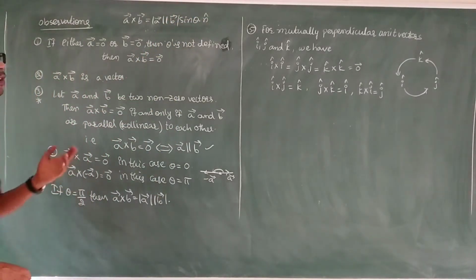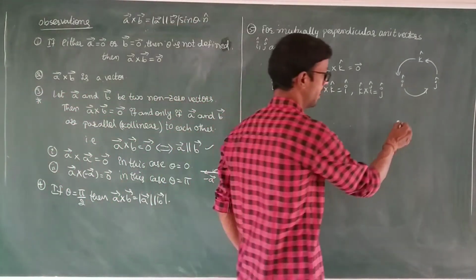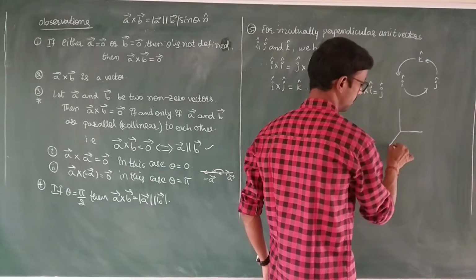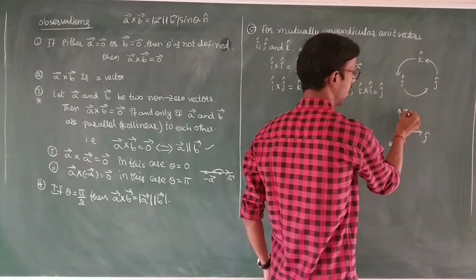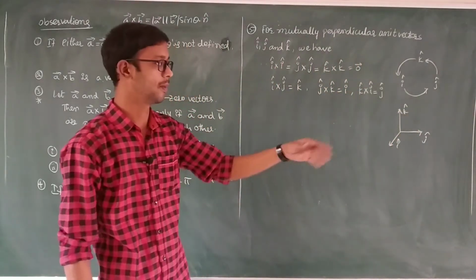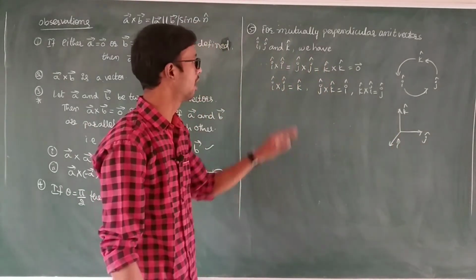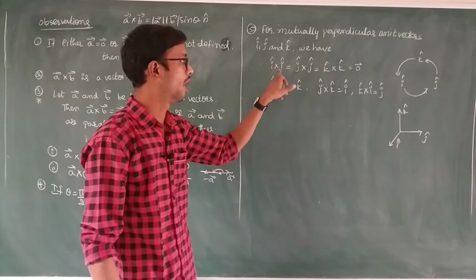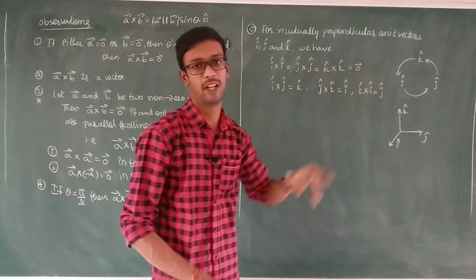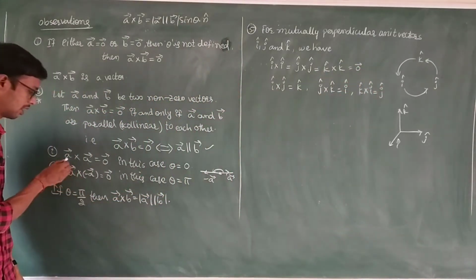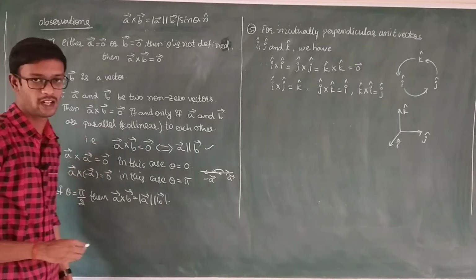Next, fifth point. Mutually perpendicular unit vectors means I cap, J cap and K cap. Their magnitude should be 1 here. We have I cross I. If you make I cross I, the answer will be a 0 vector. Here also the same: the cross product of the same vector will be a 0 vector.